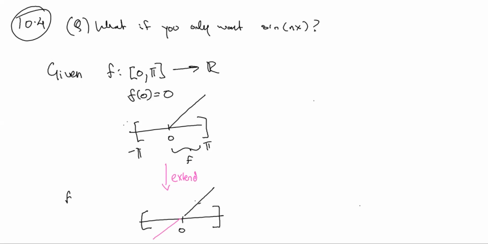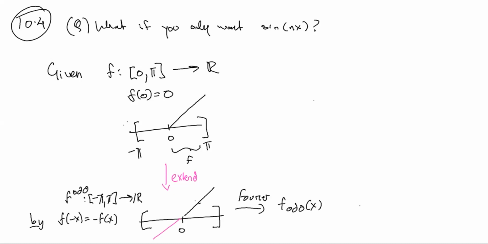So you define f odd on the full interval by f of minus x equals minus f of x. Then you take the Fourier series. Now, what's the point?